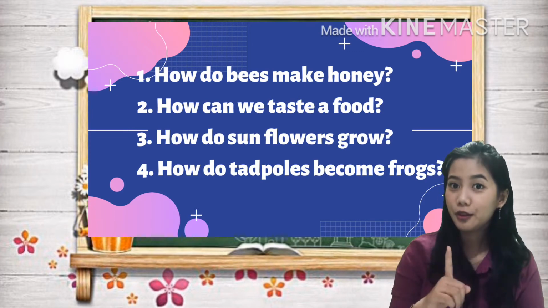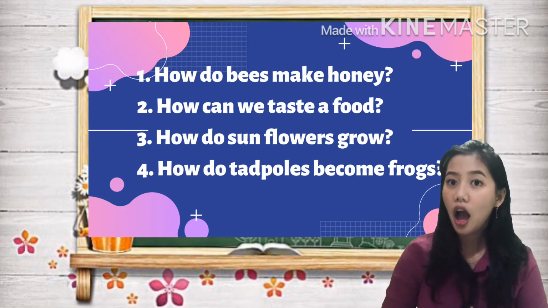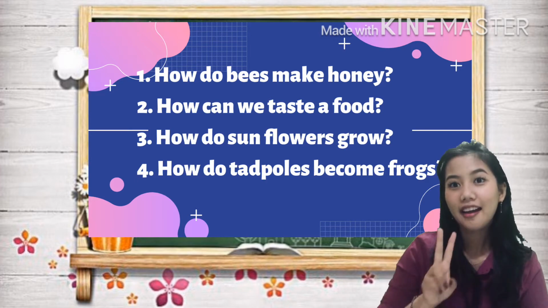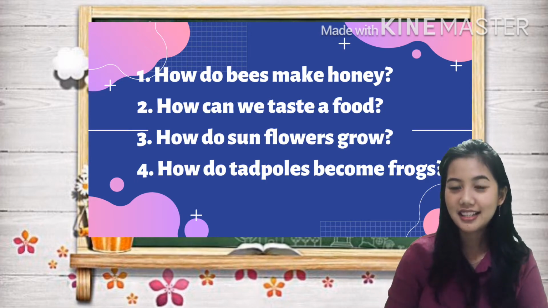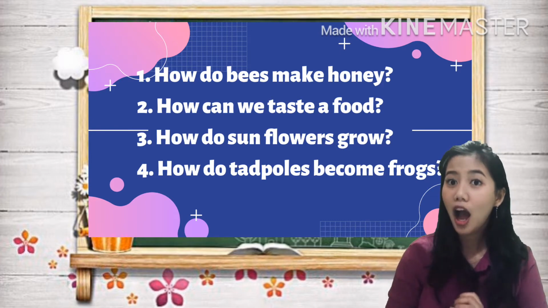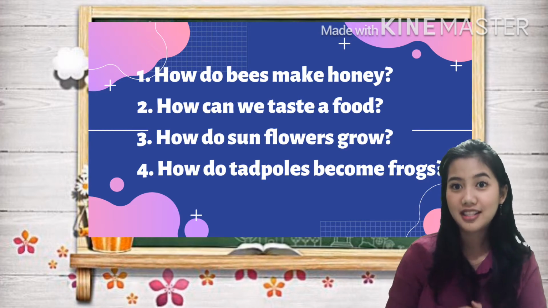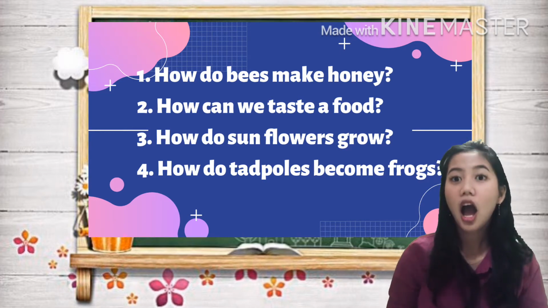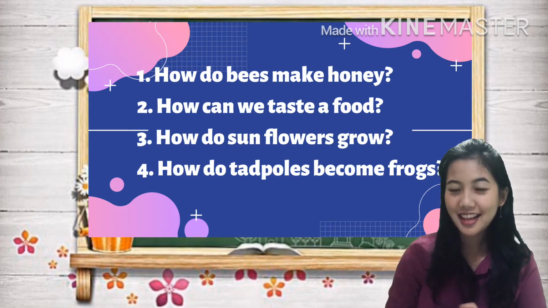Okay, the first question is, how do bees make honey? The second question is, how can we taste food? The third question is, how do sunflowers grow? And the last question is, how do tadpoles become frogs?